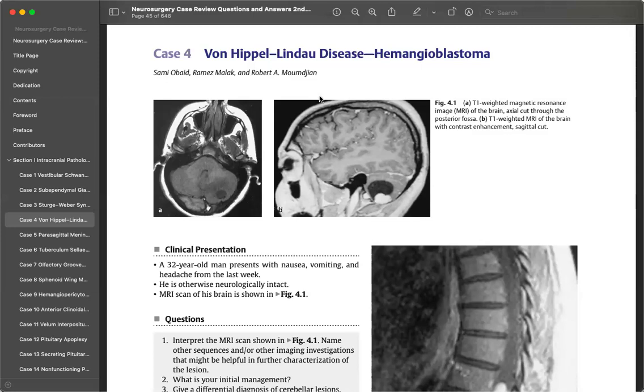So the initial management in this patient, of course, is admitting the patient and monitoring the patient, because the patient presented with headache, nausea and vomiting, and is otherwise neurologically intact. With headache, nausea, and vomiting, one has to determine the cause of the headache.